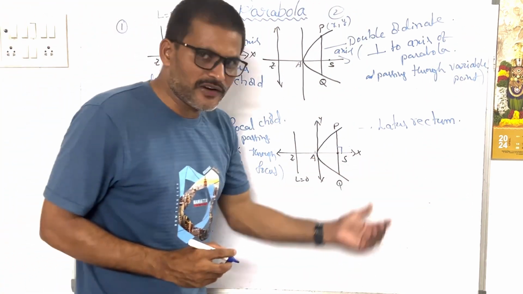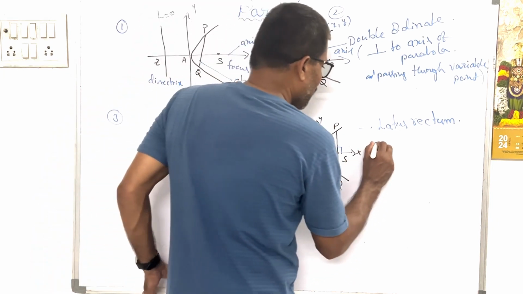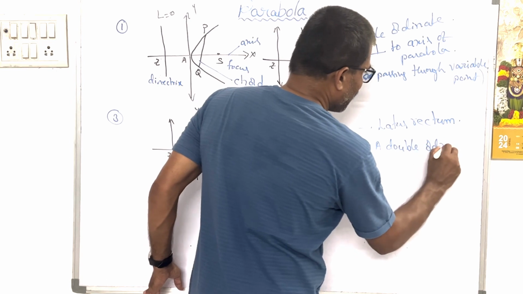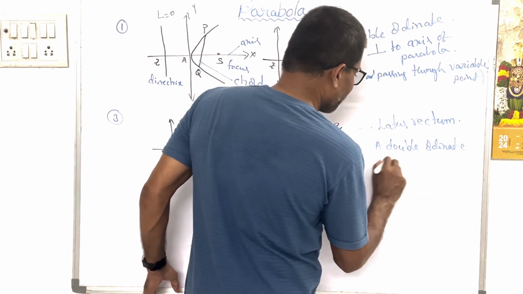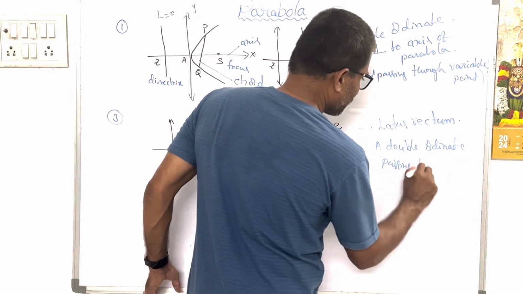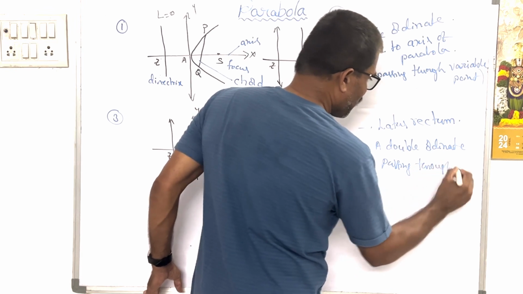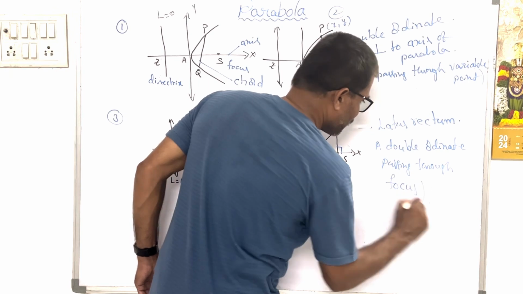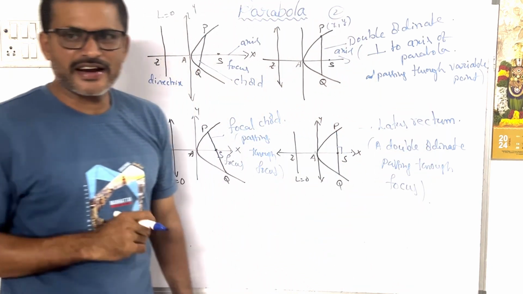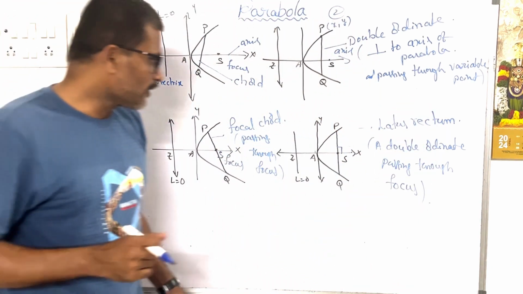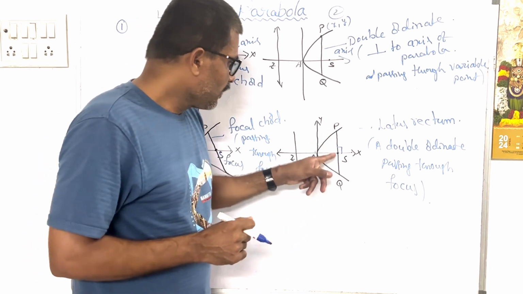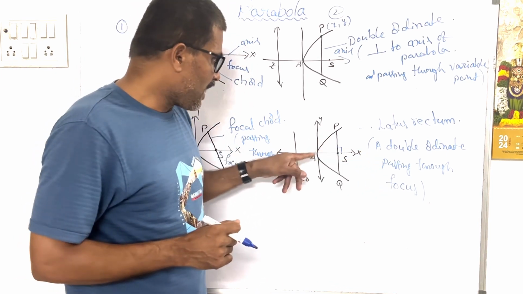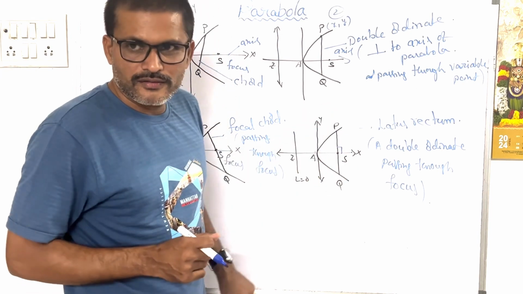Now the definition of latus rectum is a double-ordinate passing through the focus. A double-ordinate passing through the focus is called the latus rectum. Now clearly we observe the axis bisects the conic.